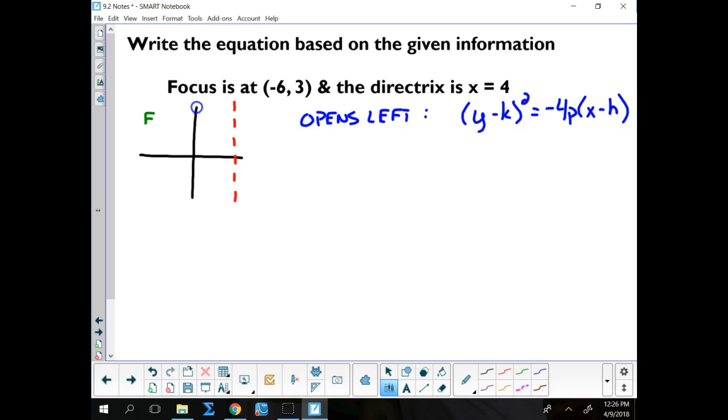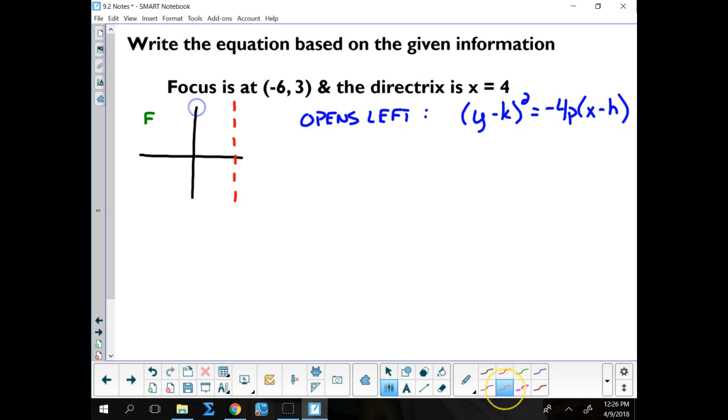Where is the vertex? In general, where is the vertex located in relationship to the directrix and the focus? It's in the middle, right? It's halfway between them.